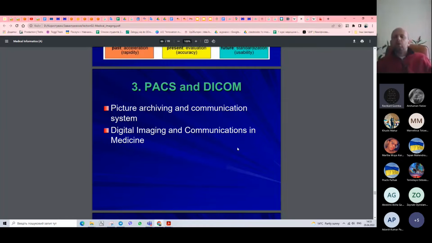Now we will talk about different formats for storage of data. We will talk today about two formats, PACS and DICOM: picture archiving and communication system, and digital imaging and communication in medicine.